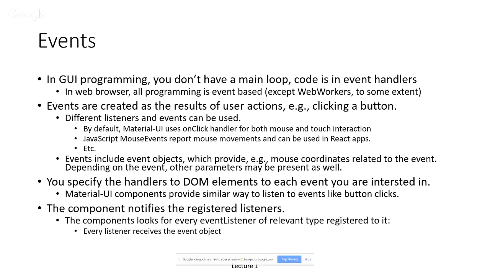There is the event object as a parameter, and sometimes some other, like whenever a text field is updated, the second parameter is the new value of the text field. And the event object can have relevant information like the mouse coordinates.